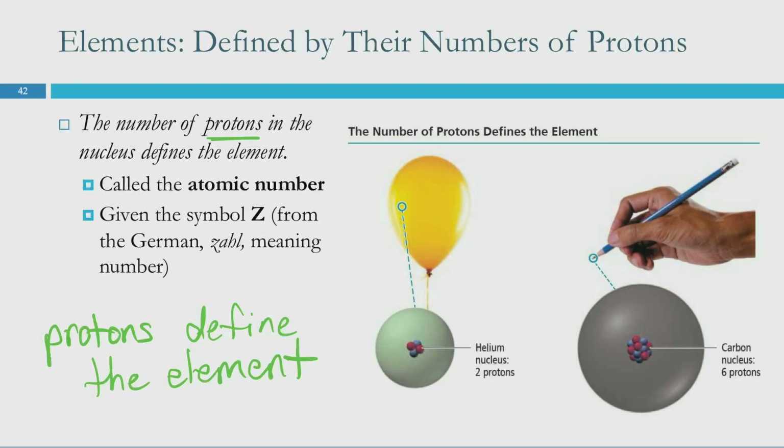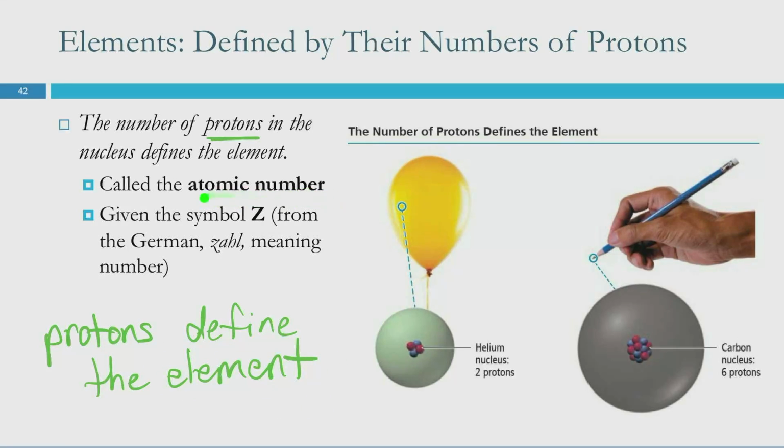If an atom has one proton, that makes it hydrogen. If it has 2 protons, that makes it helium. If it has 10 protons, it's neon. If it has 18 protons, it's argon. It's solely based on the number of protons. So the number of protons that something has makes it that element.